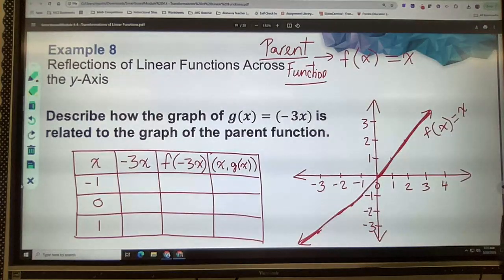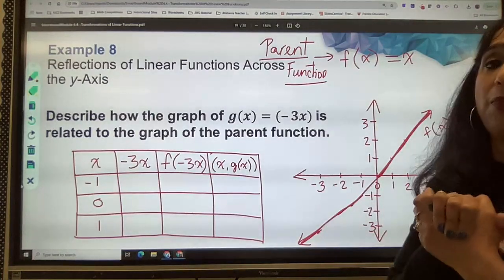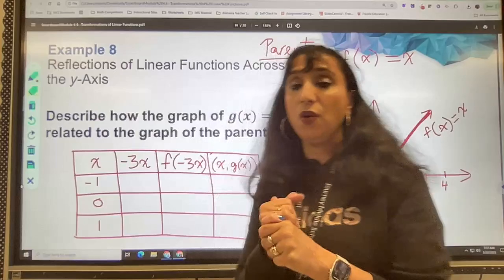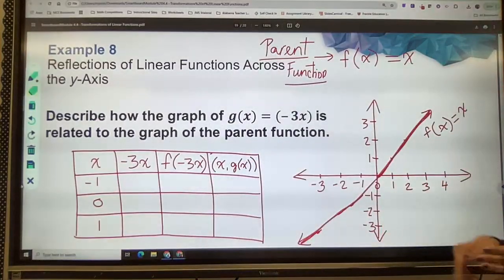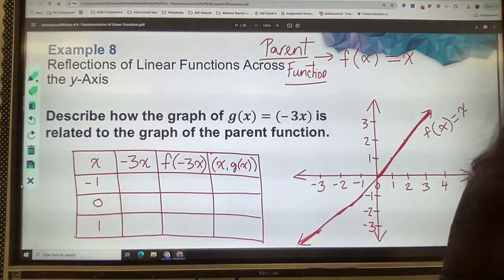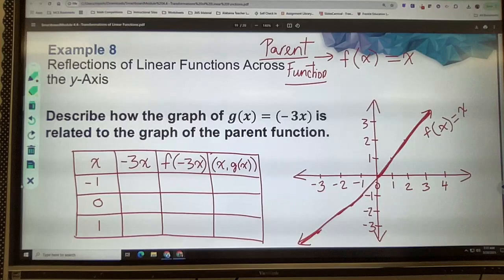And I have gone ahead and created the parent function graph where f of x is equal to x. So this is my f of x is equal to x graph. And then I'm creating a table, and I've taken my input, or x, as negative 1, 0, 3.